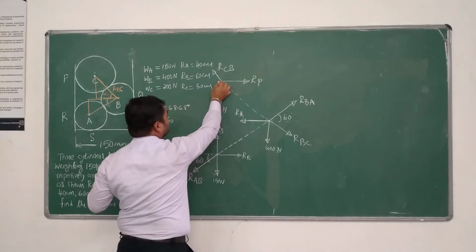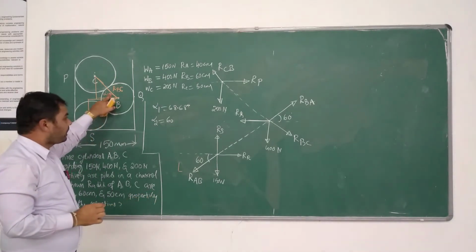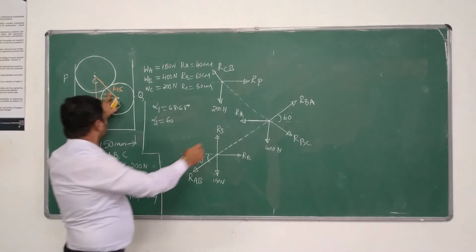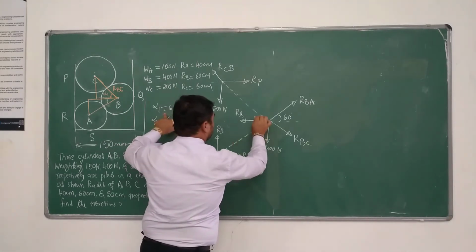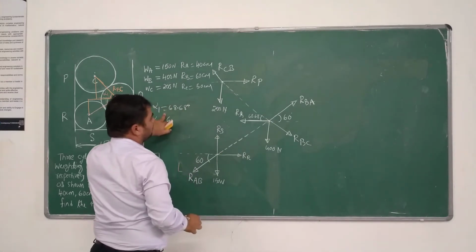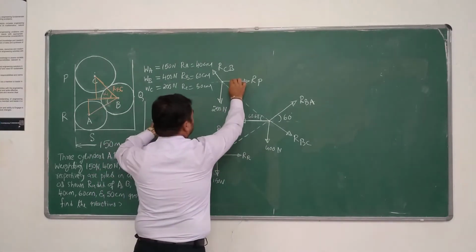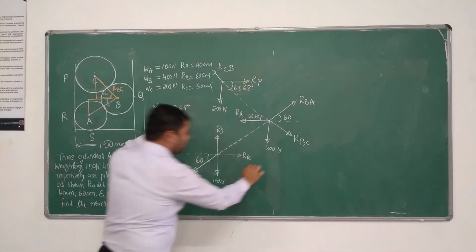This inclination is alpha 1, the value of which is calculated here as 68.68 degrees, and so here it should be 68.68 degrees.